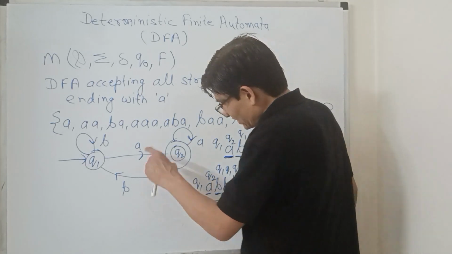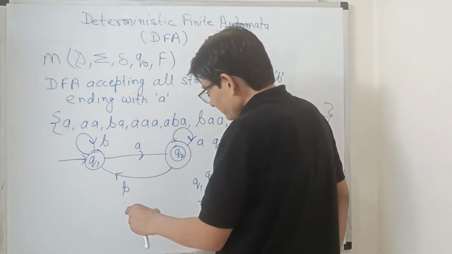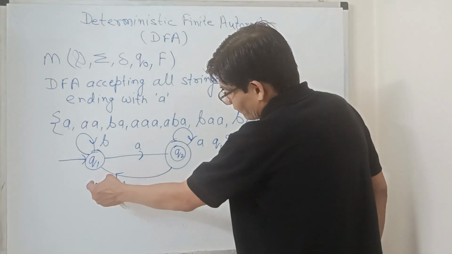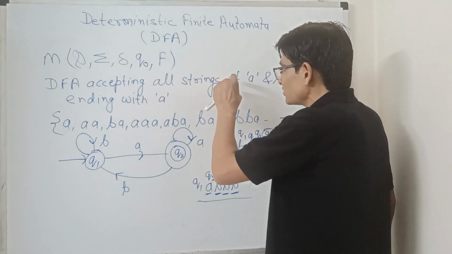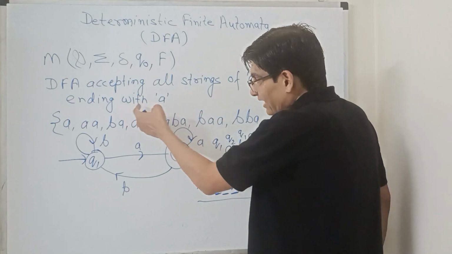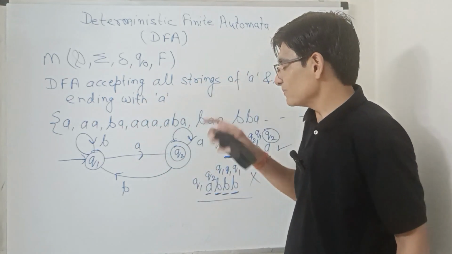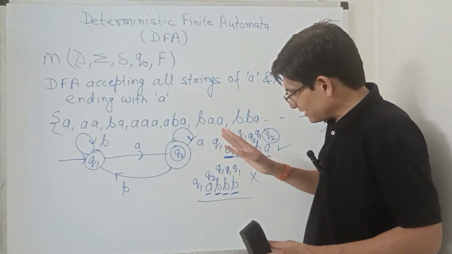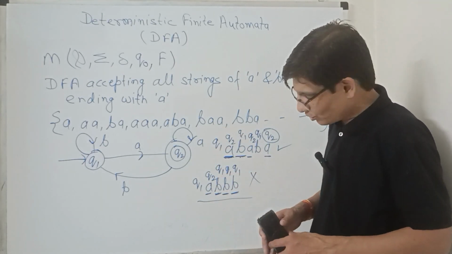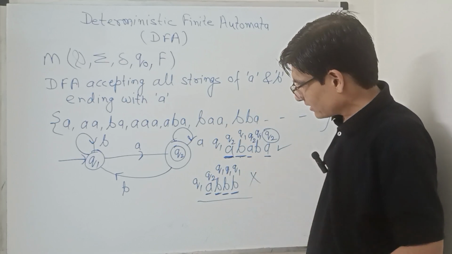So this is the machine for accepting all strings of A and B ending with B. I hope it is very much clear how we can create a machine.